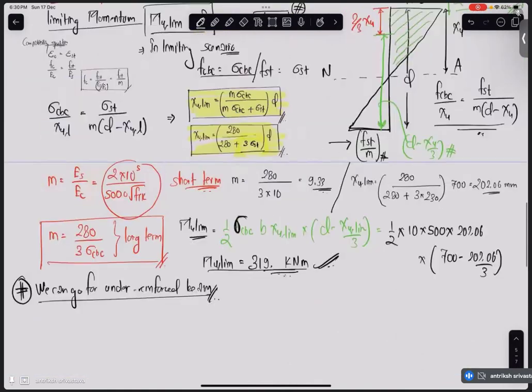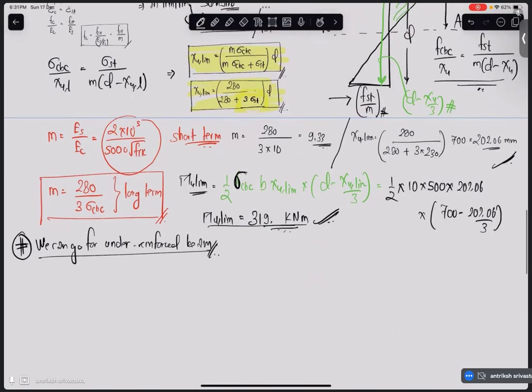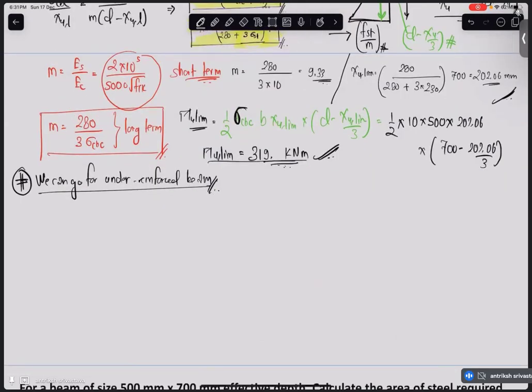You can just use this particular xu limiting, and you can calculate the area of steel. Just one change you have to do. Now since it is under reinforced or it is limiting, you have to say that sigma st is equal to fst, that is equal to, in this particular case, 230 Newton per mm square.